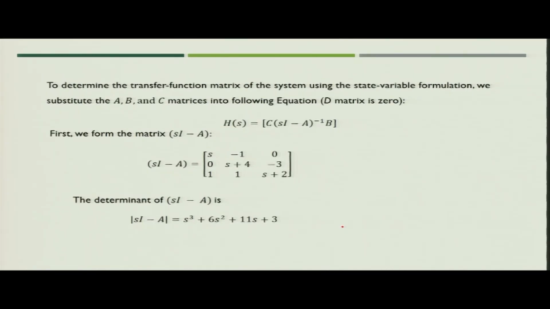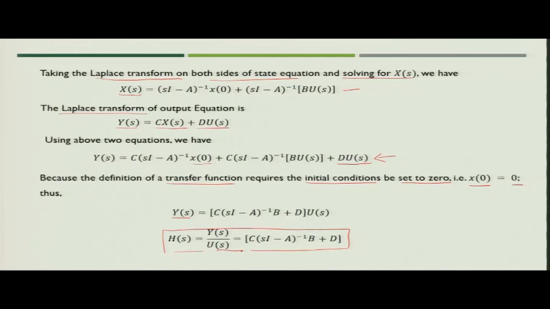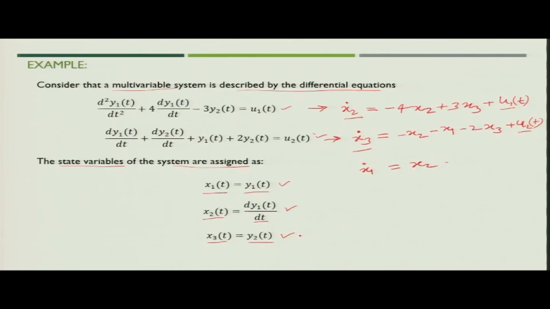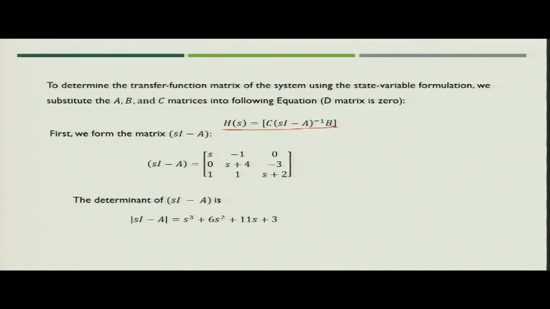Now, if we have to find out the transfer function of the system, we will use the derivation which we have got for the transfer function, that is H(s) is equal to C (sI minus A) inverse B plus D. Since D is 0, H(s) will become C into (sI minus A) inverse into B. Now, first we need to find out the value of sI minus A. So, we compile sI minus A and take the inverse.